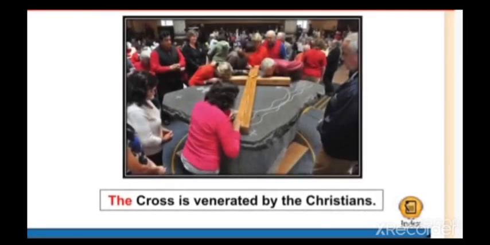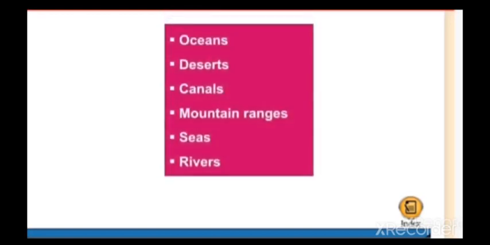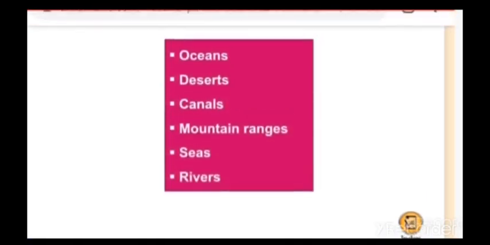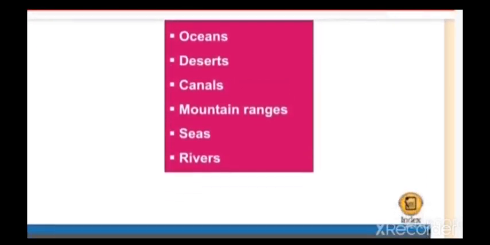The definite article is used when a singular noun stands for a whole class. The cross is venerated by the Christians. The is used with the names of the following: oceans, deserts, canals, mountain ranges, seas, rivers.